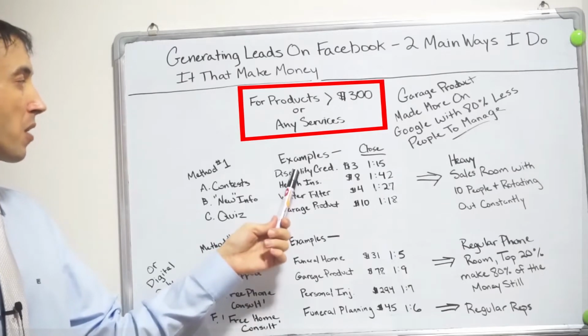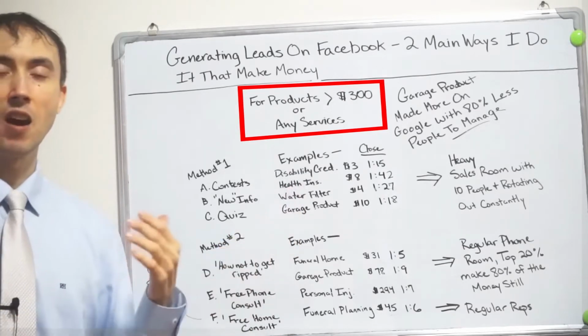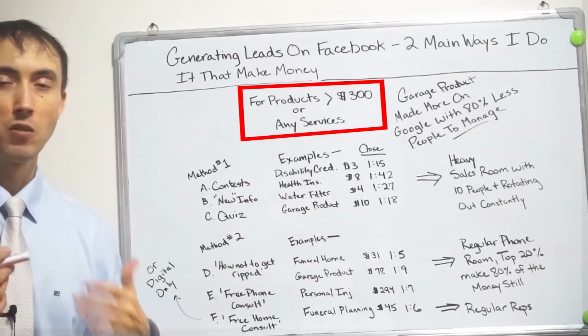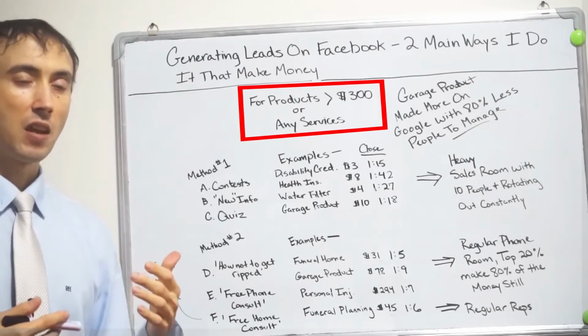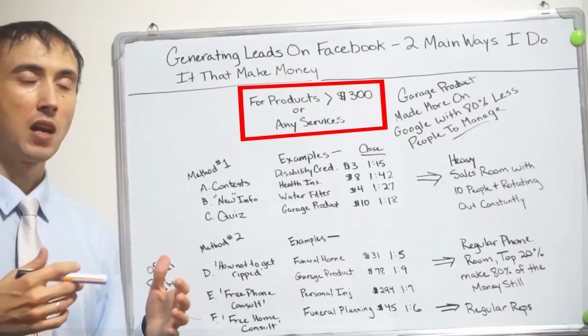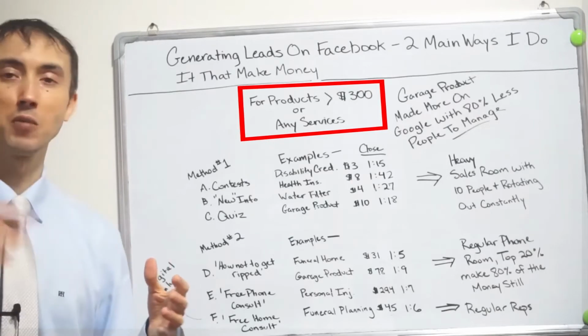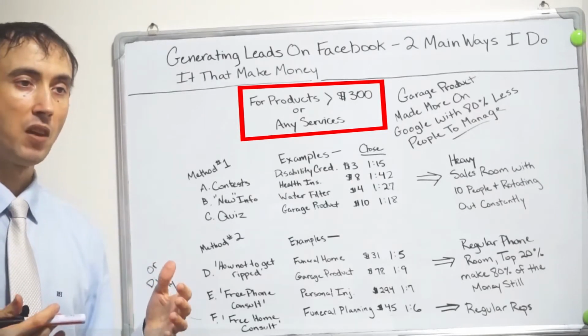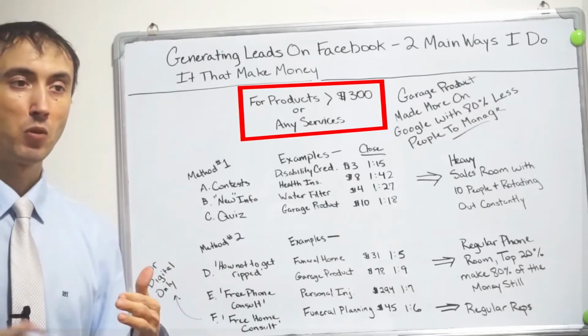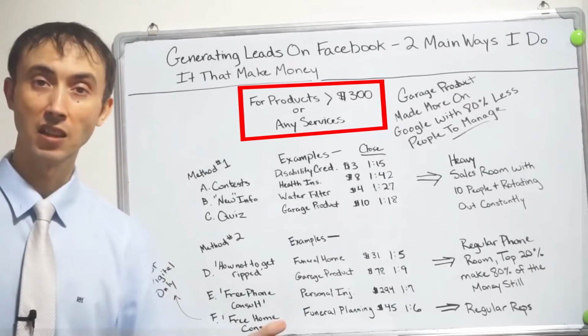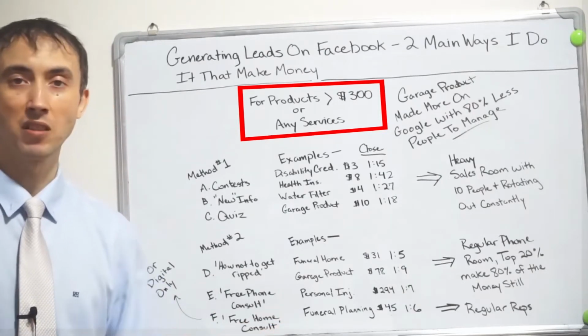The first example I'm going to give is for a company that offered a disability tax credit. It was a company out of Canada. They work with disabled people to get a special tax credit that applies to them, and they ran leads for people who are looking to get the tax credit, and that was about $40 a lead.